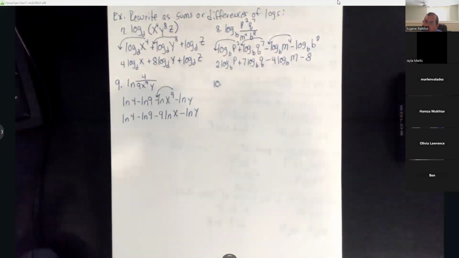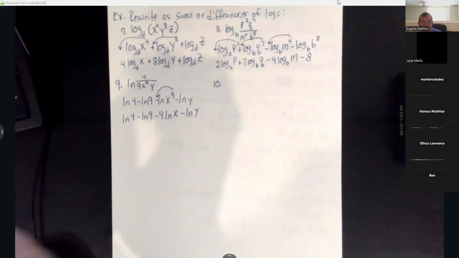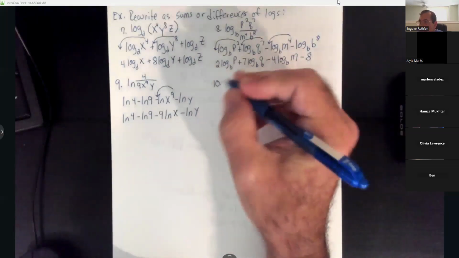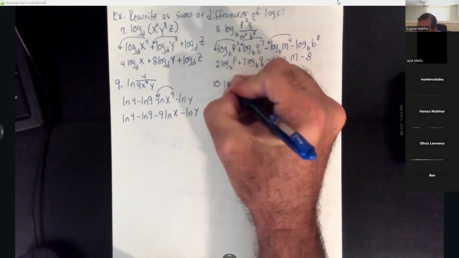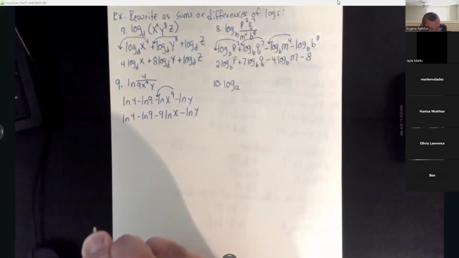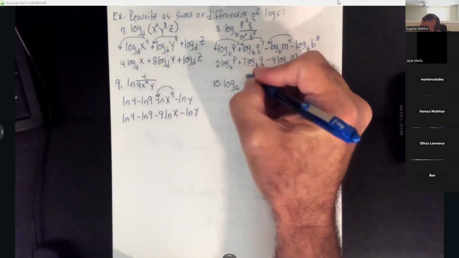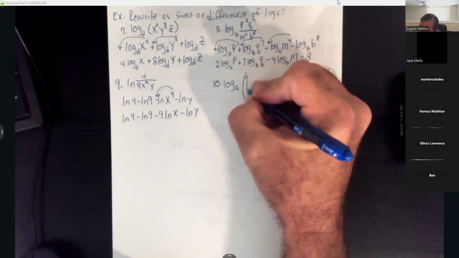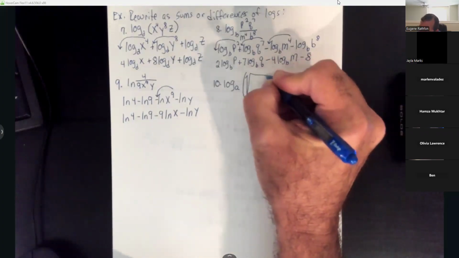All right, y'all, so this next one's going to be a doozy for us. And this one has a little bit more work to it. So here we go. Log base A, and then it's got big parentheses and a big radical.